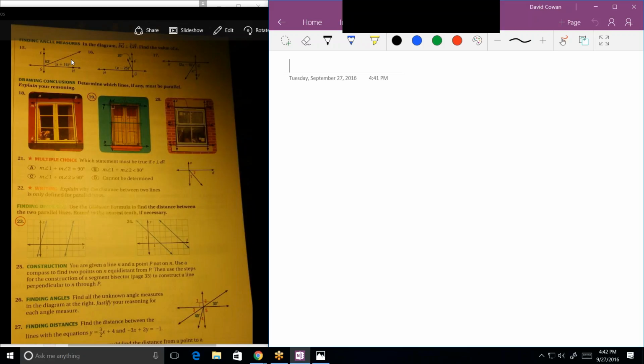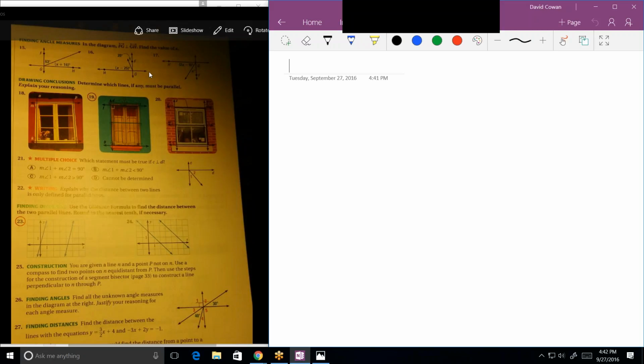The mistake I made is putting the degree sign by the value of x when it's not just x, when it's like x plus 15 or 2x minus 5. X is just 13, not 13 degrees. Then 13 plus 14 is 27, and then you have the degree sign, because the sum of those two is an angle you can put degrees on.